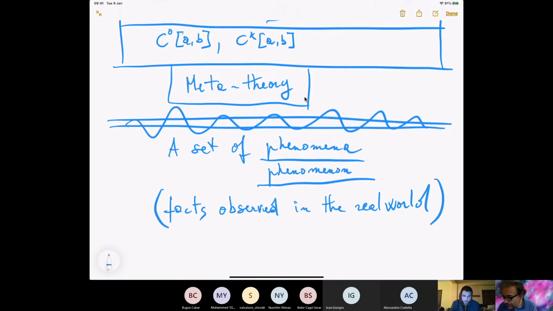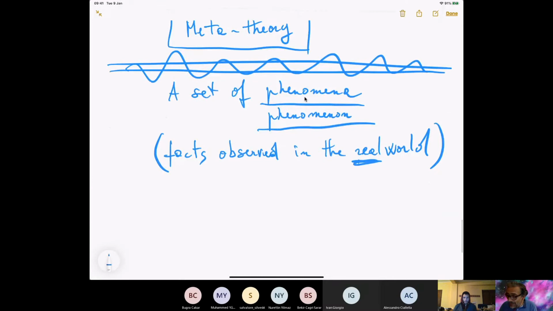This expression is in English more or less equivalent of facts observed in the real world. Now, when we discussed linear algebra, we didn't talk about facts observed in the real world, but in the world of mathematical truths.